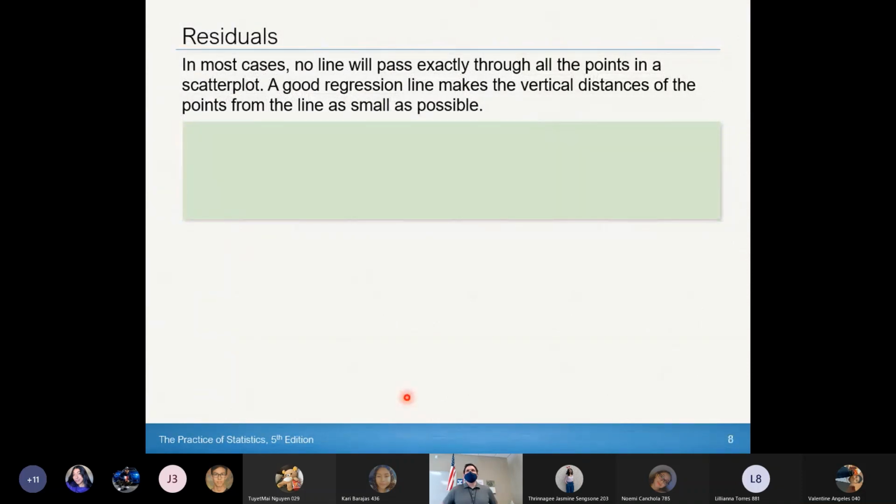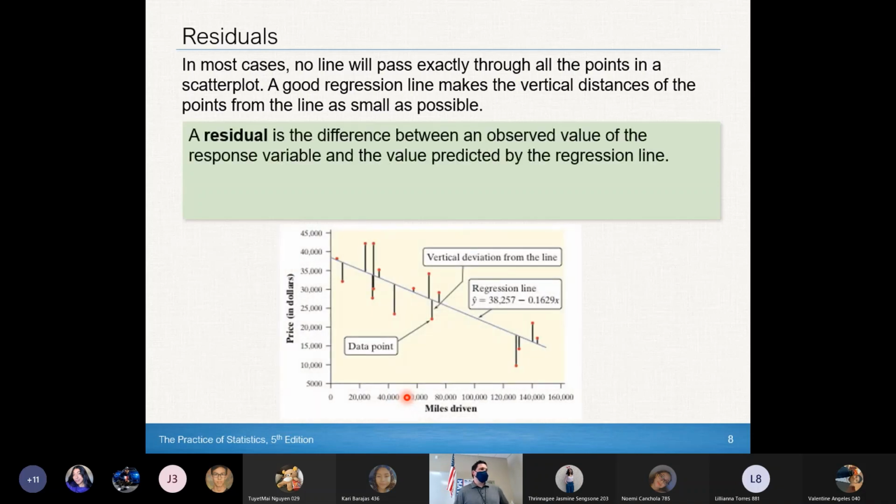In most cases, no line will pass exactly through all the points in a scatter plot. A good regression line makes the vertical distances of the points from the line as small as possible. A residual is the difference between an observed value of the response variable and the value predicted by the regression line.